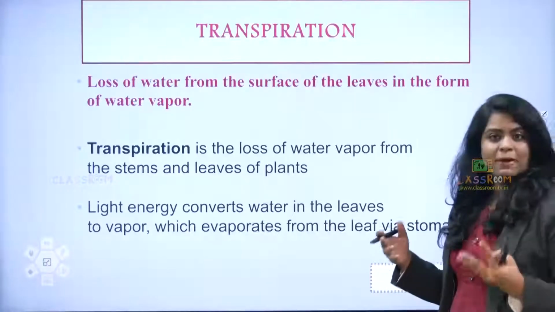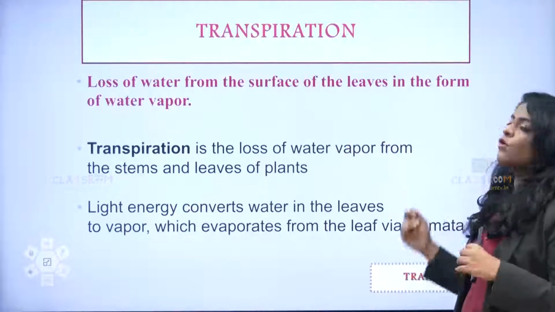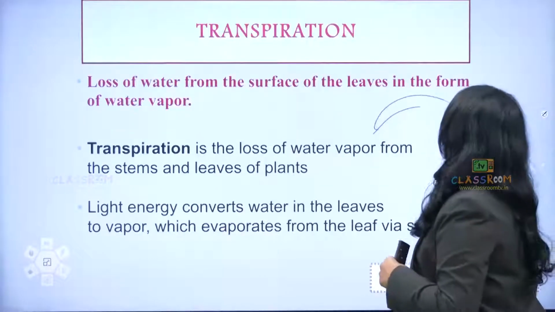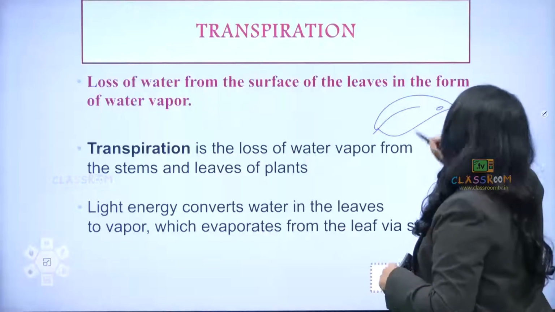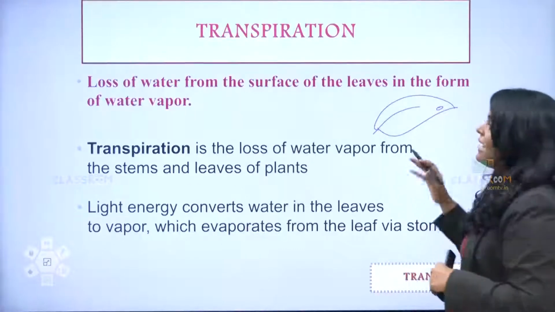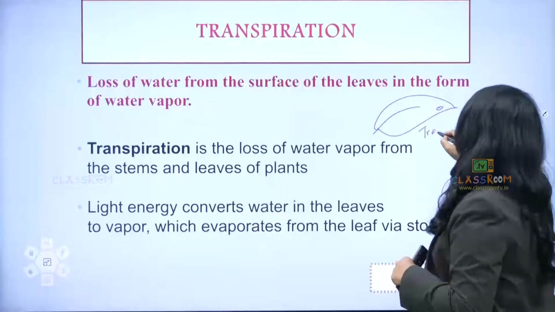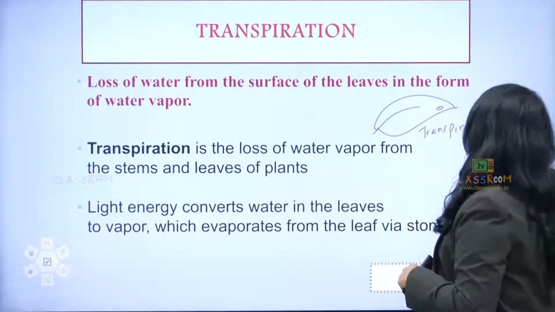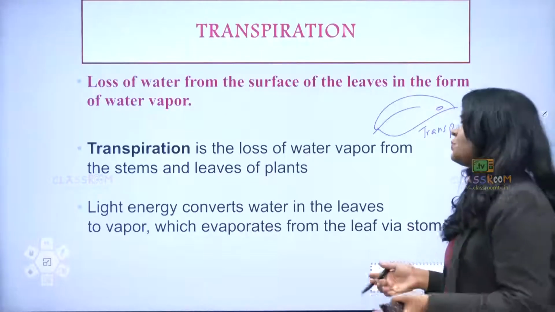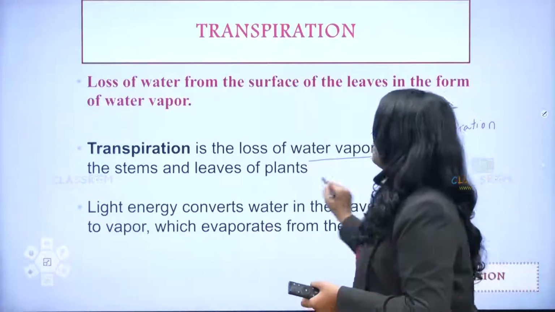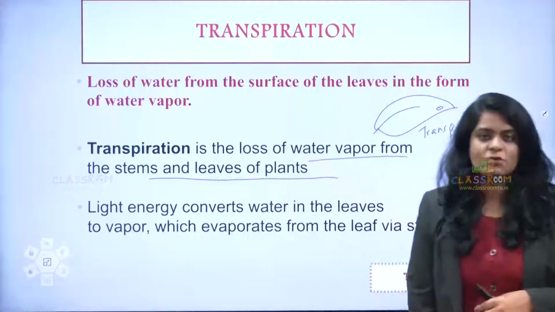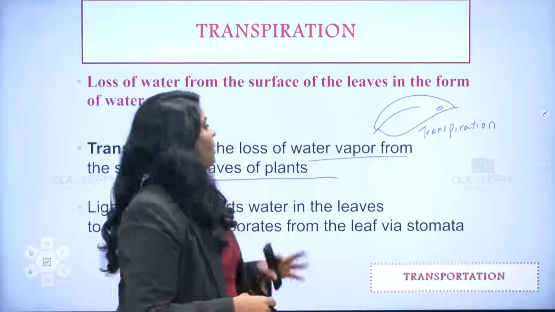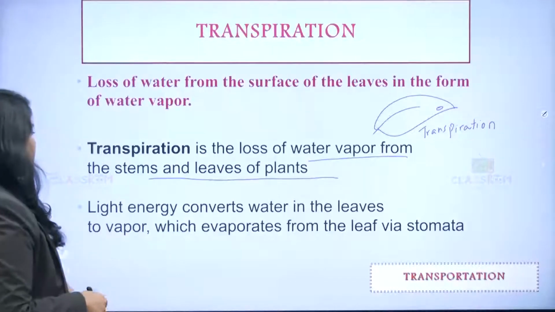What happens in the plants is there is usually loss of water from the surface of the leaves, like you can see such small drops of water. That is called transpiration. Transpiration is the loss of water vapor from the stems and leaves of the plant.